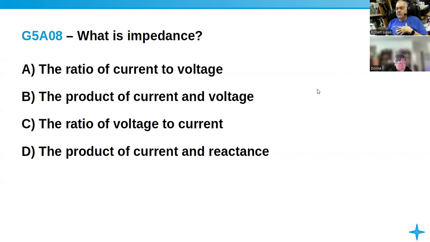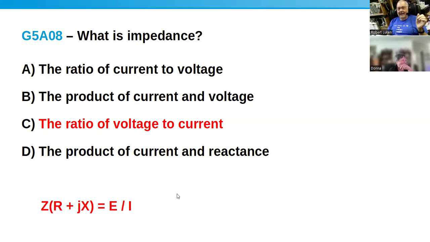You remember Ohm's law? What is resistance? What's the ratio? It's the ratio of voltage to current. The only difference is you're dealing with complex numbers to get the math to work. When we're doing Ohm's law, E over I are real numbers, but it's still voltage to current.